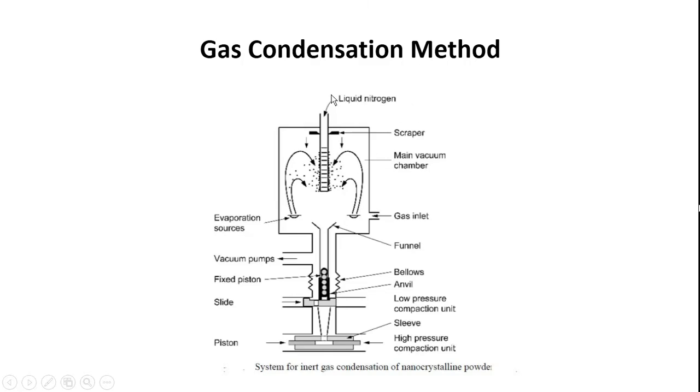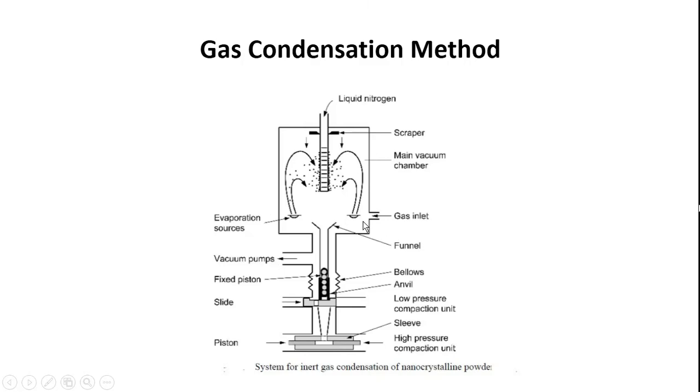So this is the inlet point of the liquid nitrogen, and here this is the funnel, and these are all the arrangements, the bellow anvil arrangement, fixed in position, and there is a vacuum pump in order to make the pressure here with an inert gas of almost 10 raised to minus 5 Pascal or so, and then a slider for sliding this one, the low pressure compact units, and the high pressure compact units. Of course, this is actually a system for inert gas condensation of nanocrystalline powder.